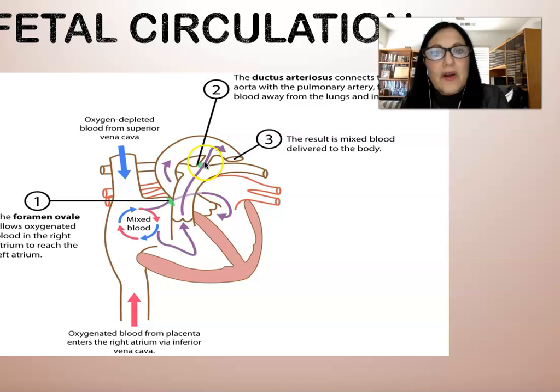There lies our last duct or shunt, and we call that the ductus arteriosus. That's going to open up, and that blood is going to flow directly into the aorta, bypassing the lungs again. And we know that blood that goes into the aorta goes to all the tissues in the fetus, okay? And that's our last shunt.